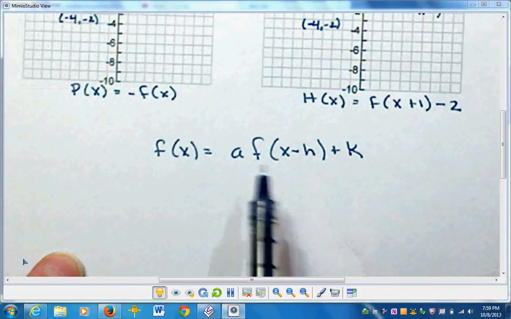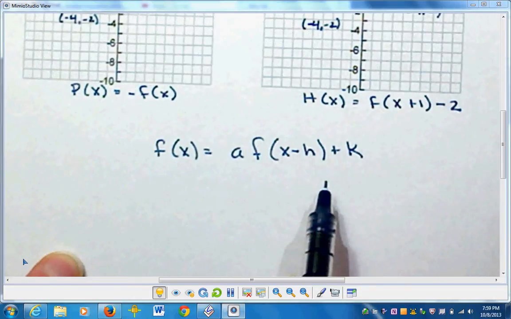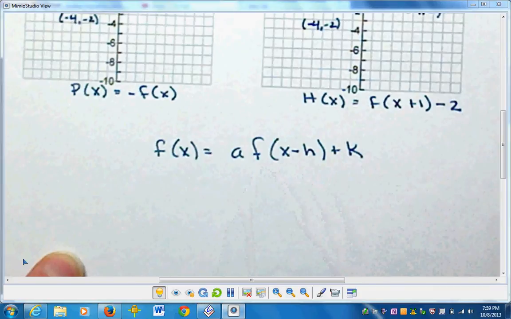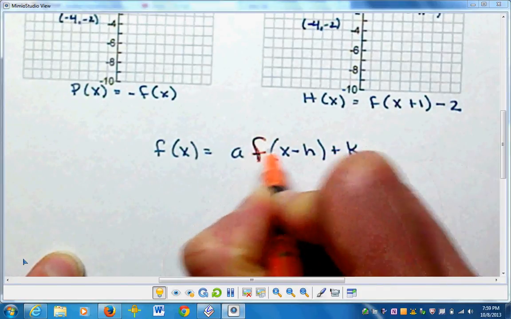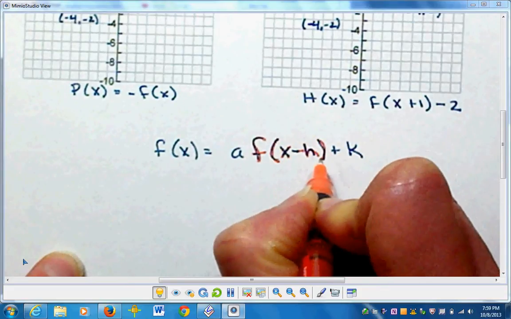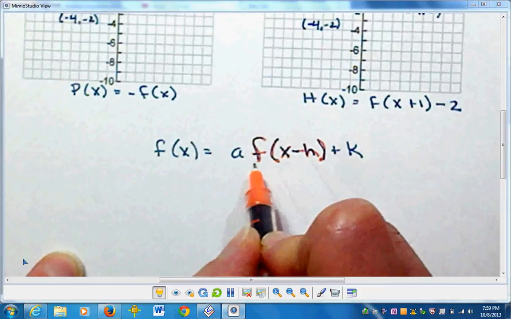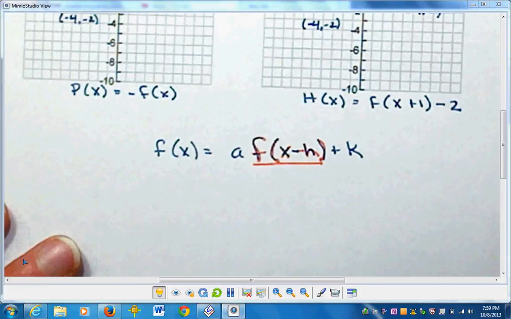So we see we have this format, and this is in function notation, which means that I'm not really sure what the function is by looking right at this particular equation, because this part right here is where my function is. So it could be any function. Let me give you an example of some functions you might be familiar with.